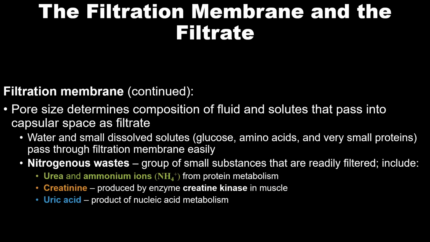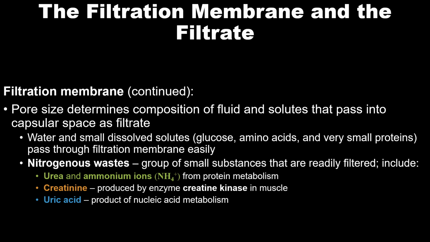So when it comes to this filtration membrane, the fluids and solutes that exit the bloodstream and enter this capsular space, the thing that makes the biggest impact on this is the size of the pores of this membrane. You guys remember that we saw biggest pores in the fenestrations, medium pores in the basal lamina, and then the smallest pores in the podocytes.